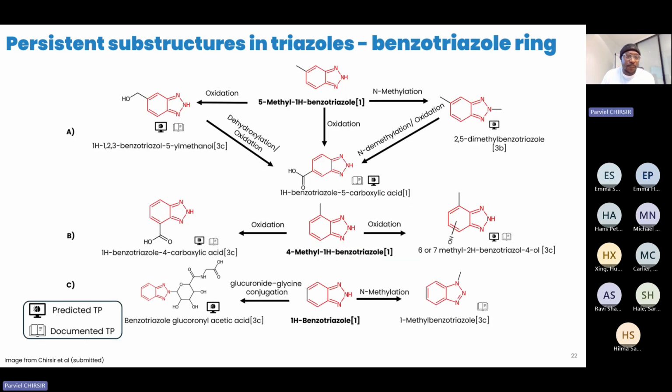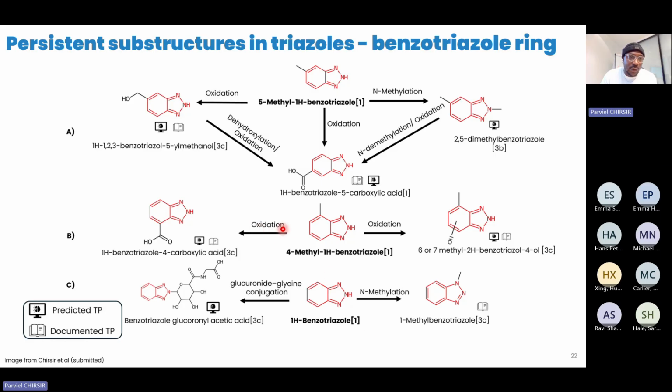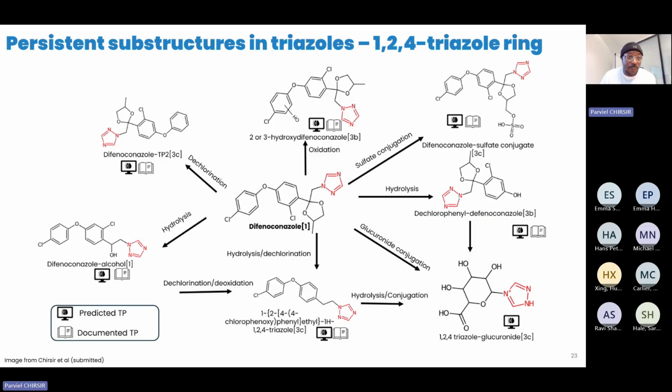Now, for benzotriazoles, we also had a similar case of phase 1 transformation reactions and phase 2, but also the benzotriazole ring was conserved in these transformation products, showing that the benzotriazole ring is also a persistent substructure in transformation products.